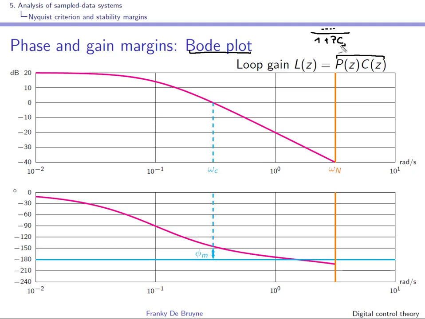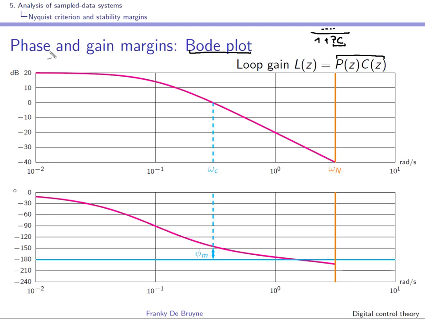So we are looking at the loop gain PC, and we are looking at how far it is from the critical point -1. And in this Bode diagram, -1 is really a gain of 1, 0 dB, and a phase shift of -180 degrees. This is the critical point.